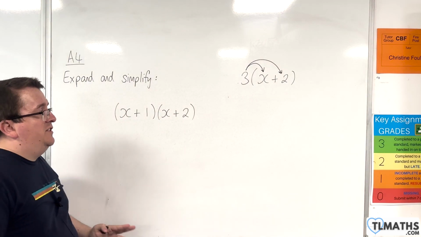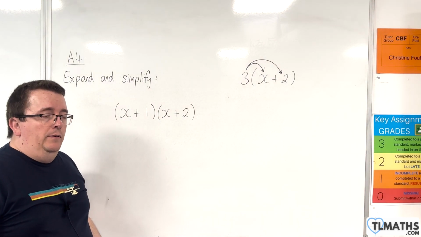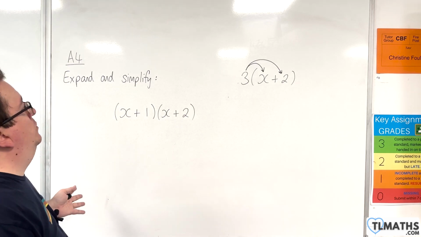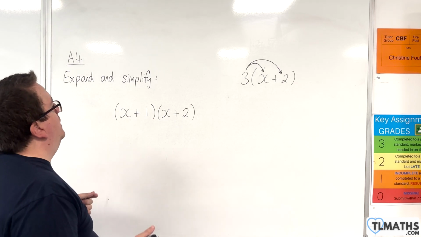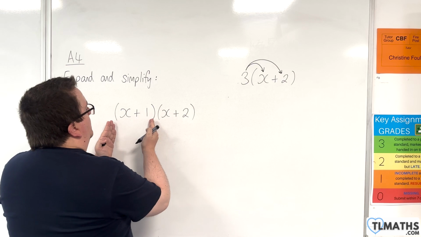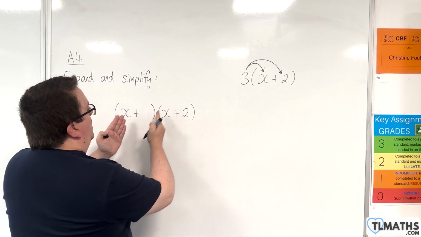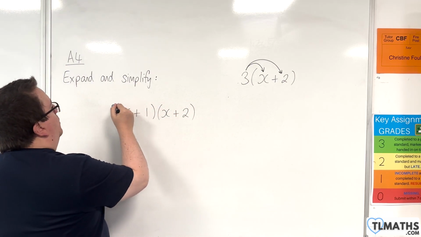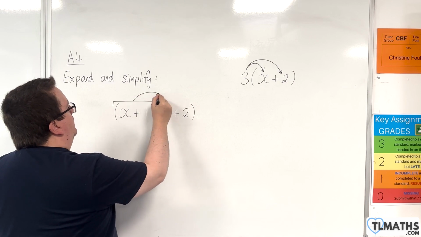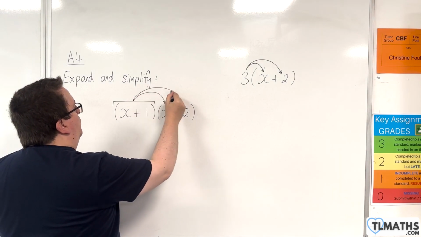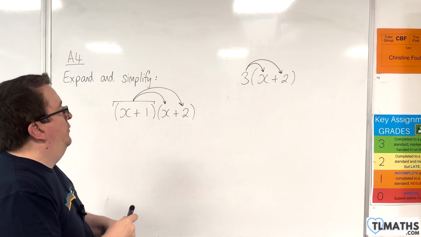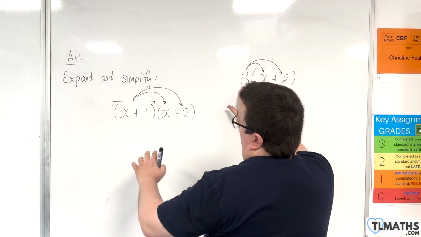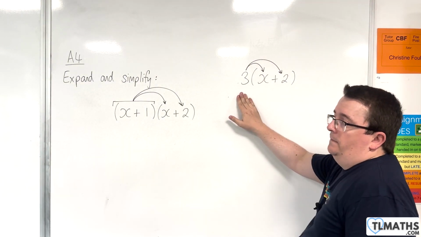It's precisely the same with expanding double brackets, because what we need to do is to multiply the x plus 1 by the x and the x plus 1 by the 2. So you can think of it and expand it this way. You're multiplying like the x plus 1 is the 3 here.